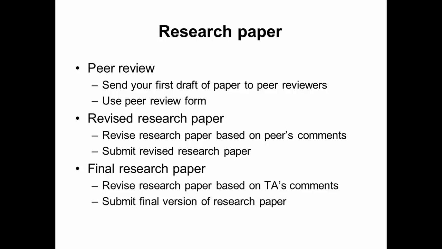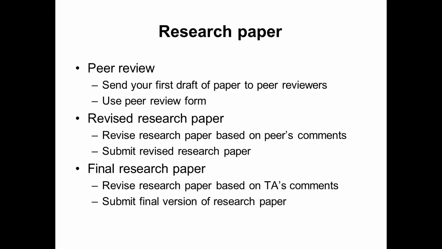We have a specific peer review form. Print out the peer review form, follow the instructions, and finish the peer review. Once you get the comments from your peer reviewers, you start to revise your papers and submit the revised papers.